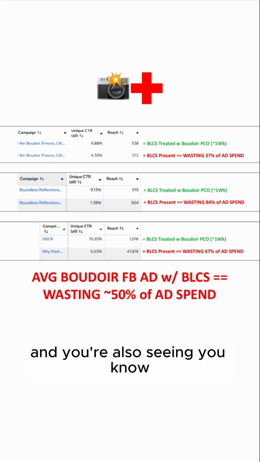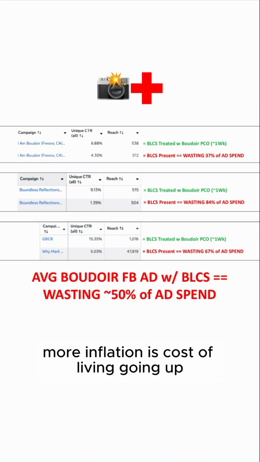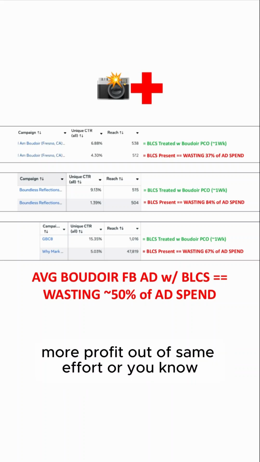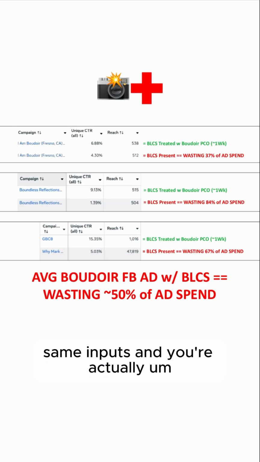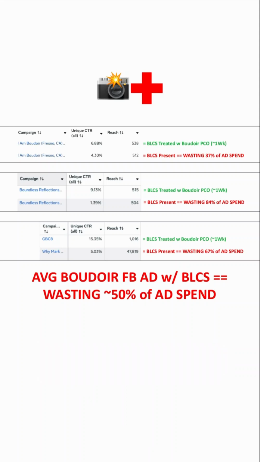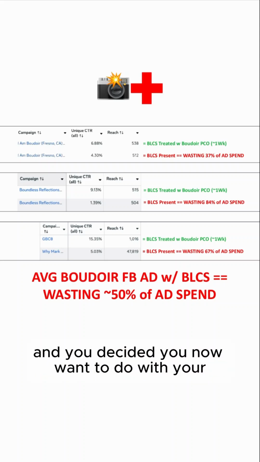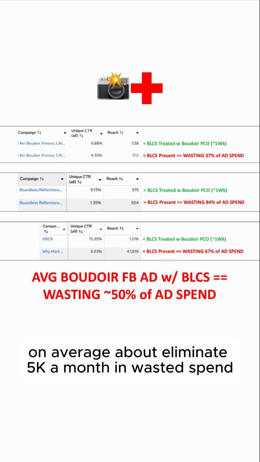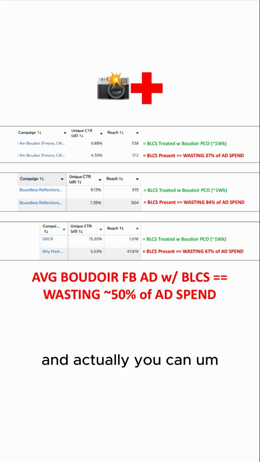And you're also seeing more inflation, just cost of living going up. And so you've been optimizing other parts of the business, pulling more profit out of the same effort or same inputs. And you've decided you now want to do it with your Facebook ad portion of the business because you've seen that Boudoir PICO can save, on average, about 5K a month in wasted spend.